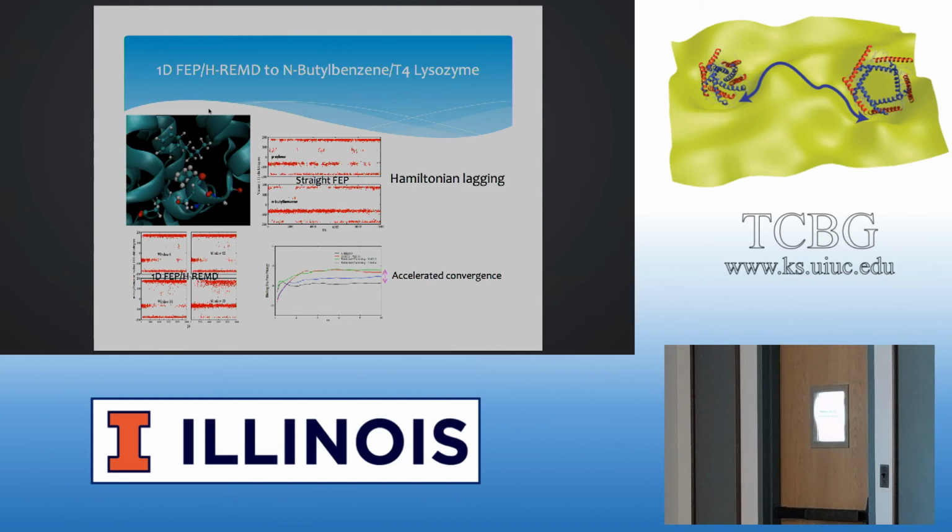First, let's just run straight FEP. Look at this. This is the previous PXylene. This is n-butylbenzene. We can see that the rotameric state conversion of butylbenzene is even slower than PXylene. This is totally wrong.